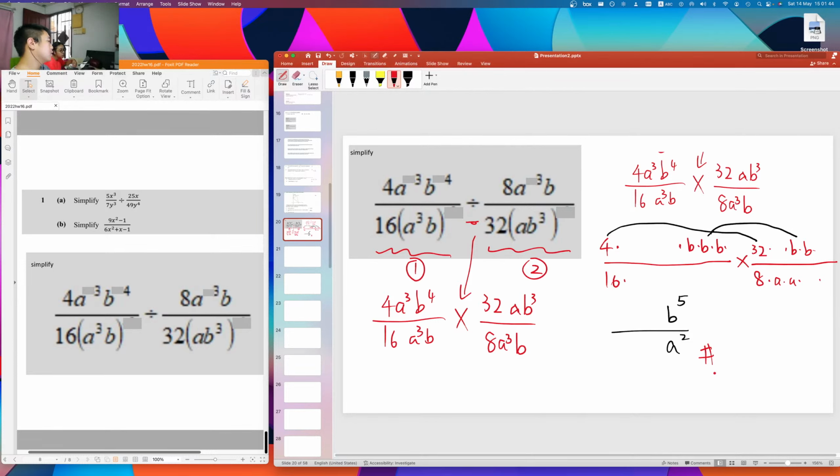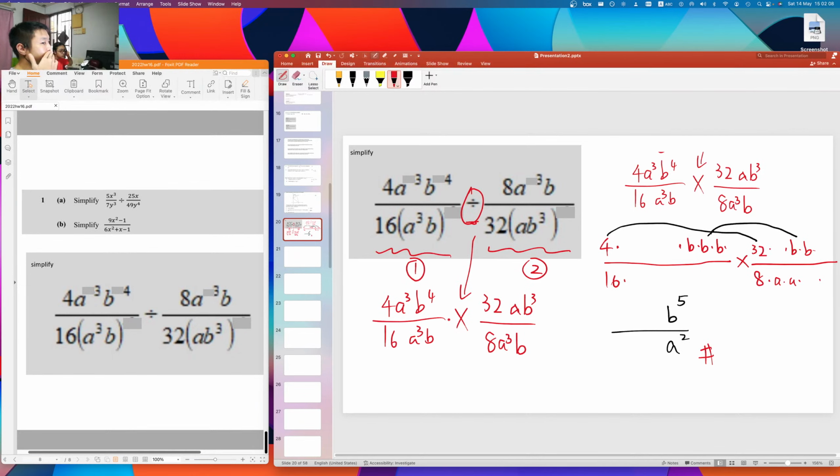Is it simple or is it very hard? Normal, right? Manageable, right? So actually the key to this question is to change the divide sign to times, and at the same time, once you times, you need to flip.